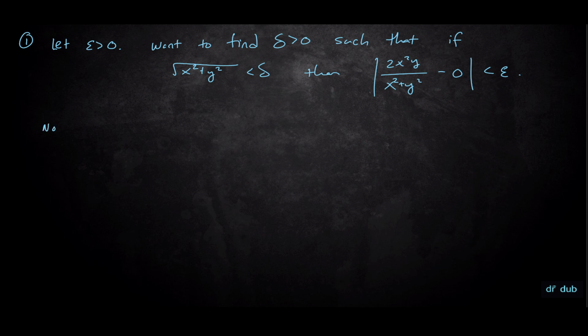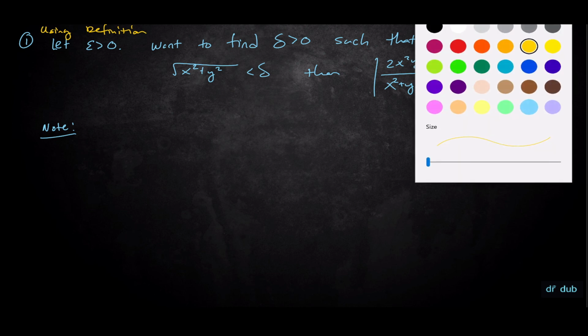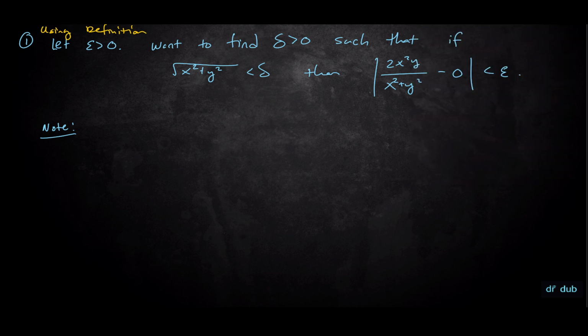Note, so number one here, this is using the definition. This is not what we're told to do, but we're using a definition. So note, the absolute value of 2x squared y over x squared plus y squared would be equal to 2x squared times the absolute value of y over x squared plus y squared, because the only thing that could possibly be negative there is the y, so the absolute value really just needs to go on the y.